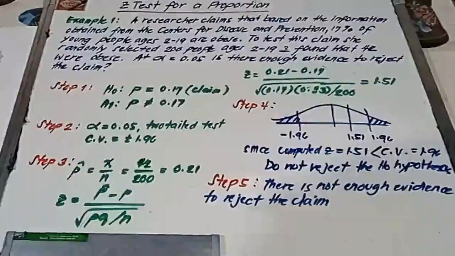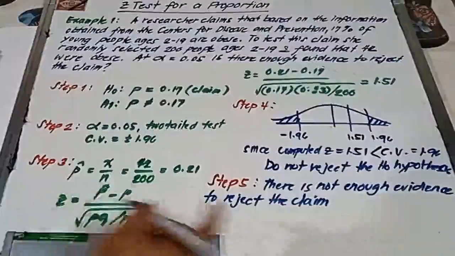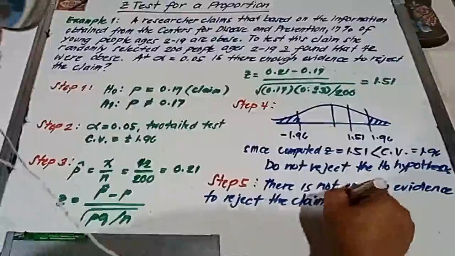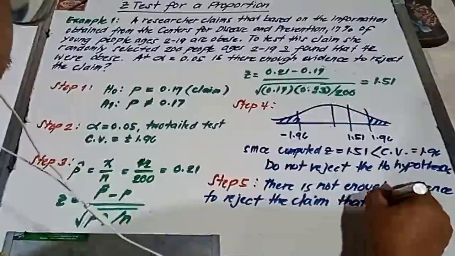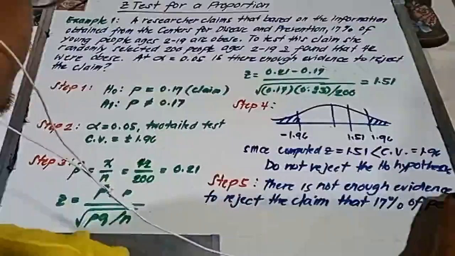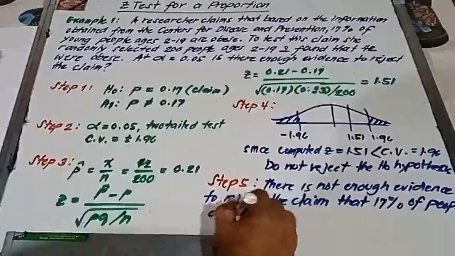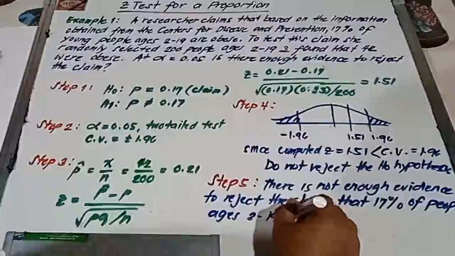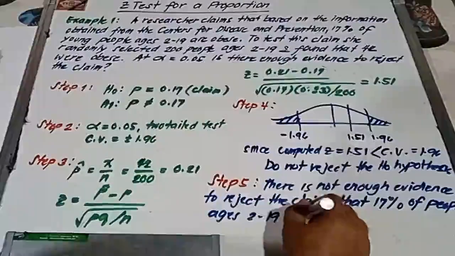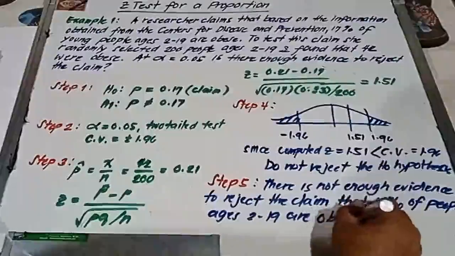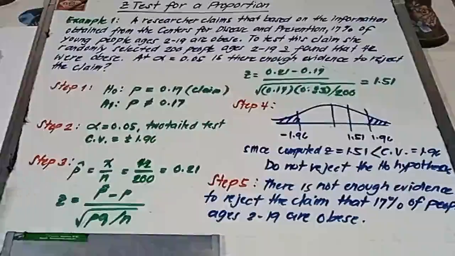Which means that there's not enough evidence to reject the claim that 17% of people ages 2 to 19 are obese. Okay? Di natin i-reject yung null. So, ibig sabihin, may katotohanan yung claim of the researcher that 17% of young people ages 2 to 19 are obese. Thank you.